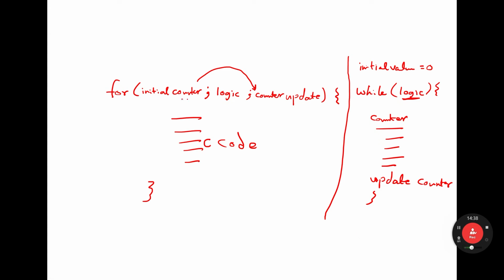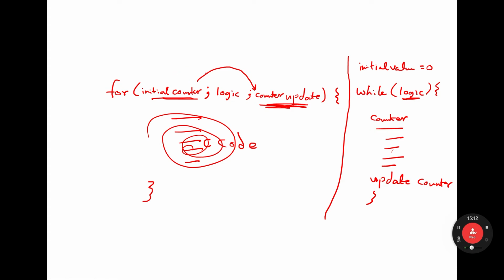The same thing here, but now we don't put the counter inside the block. We put the counter inside the for loop head. So this is the difference between the while and the for. In the while, the counter will be inside the code. In the for loop, the counter will be inside the head of the for loop, so no need to put the counter update in the block.